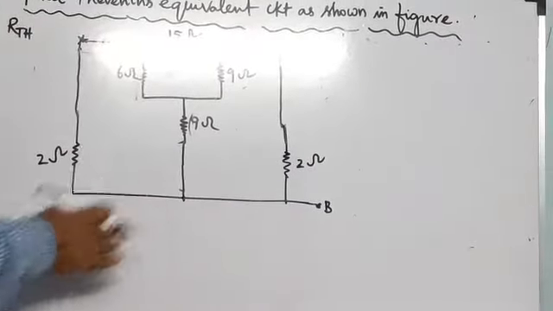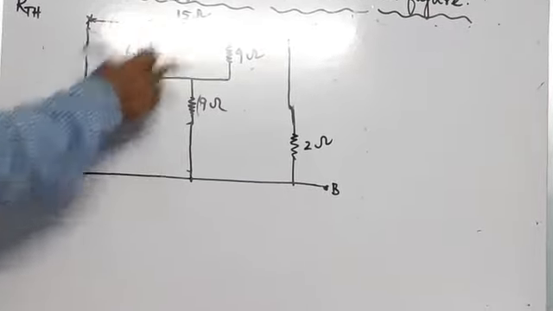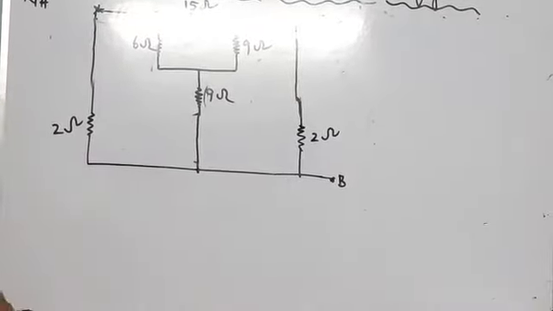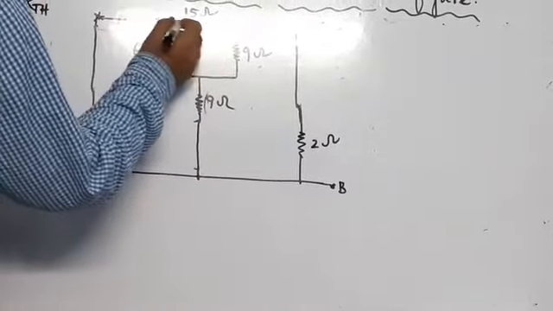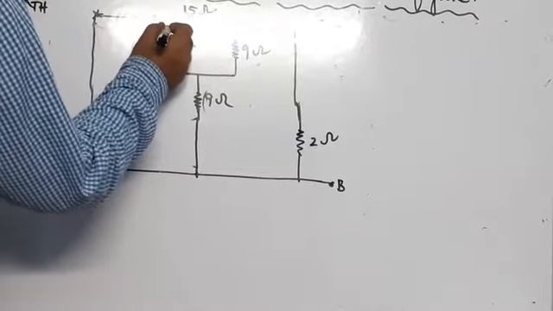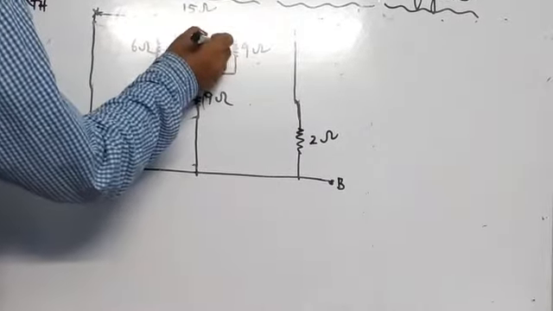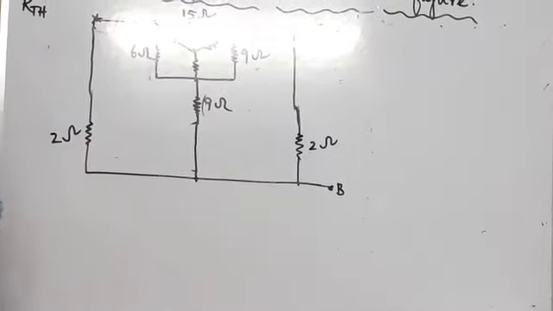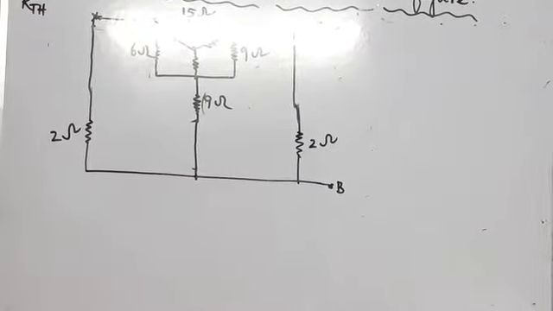Okay. Now how to make it an equivalent circuit? In the middle, it looks like a very complicated circuit, so it is better to convert this delta connection into a star connection.